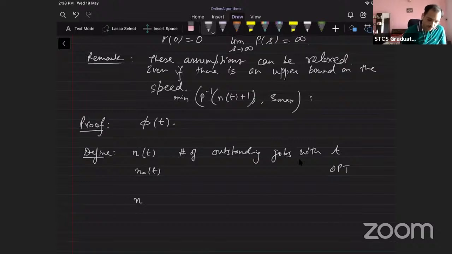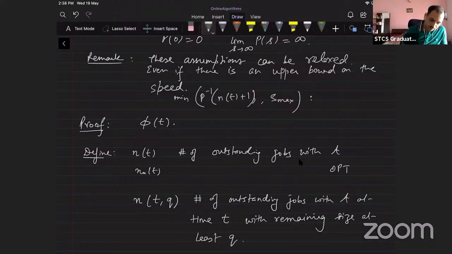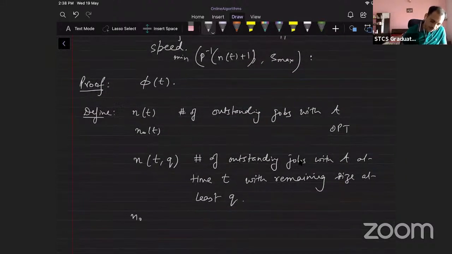Now we are going to define a new quantity, which is n of t comma q. This is the number of jobs with A at time t with remaining size at least q. And similarly, we'll define n0 of t comma q for the OPT.